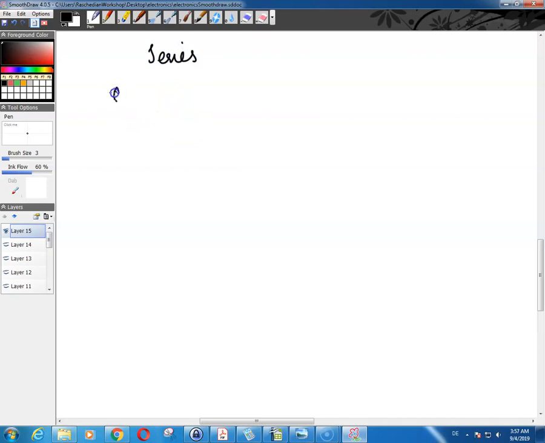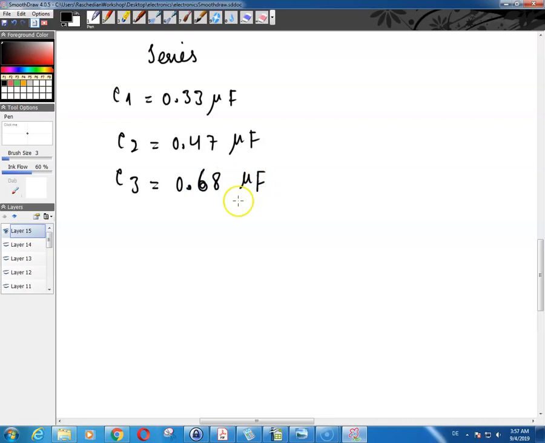For example, C1 is equal to 0.33 microfarad, C2 is 0.47 in microfarad, and C3 is 0.68 in microfarad, and you want to calculate the total capacitance here.